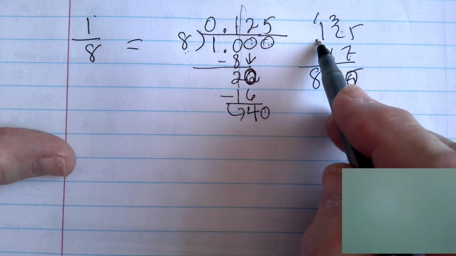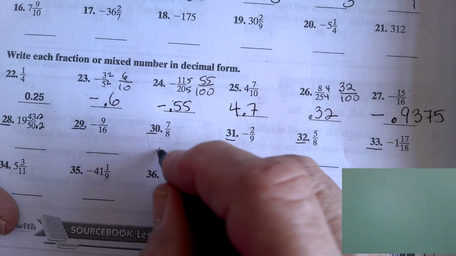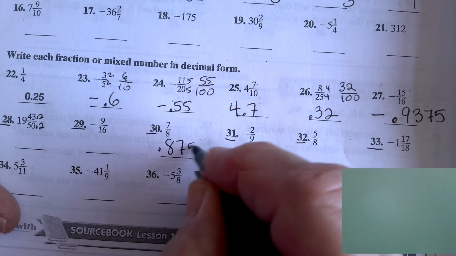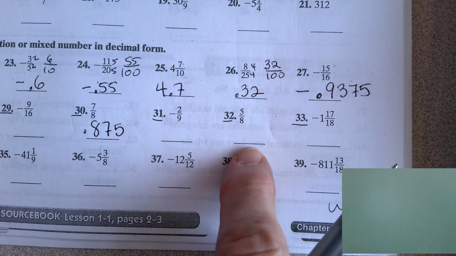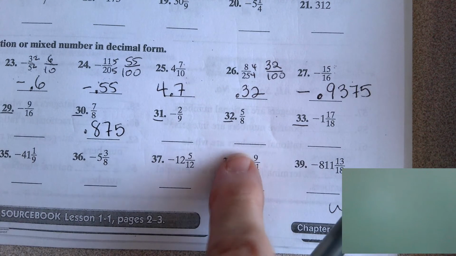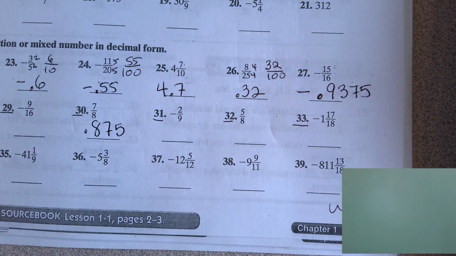But I have to put the decimal. 0.875. So now that you have 0.875, then couldn't you go straight to this 32? Okay, so then that should make the 32 easy. What would you multiply 125 times? Times 5. And then put your decimal.